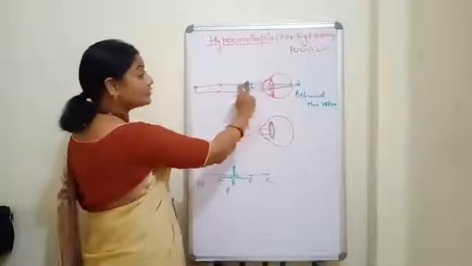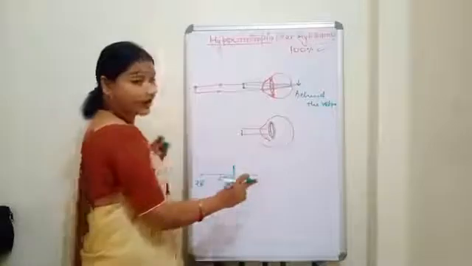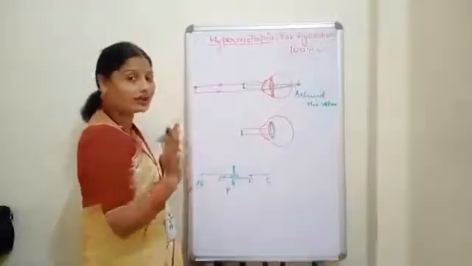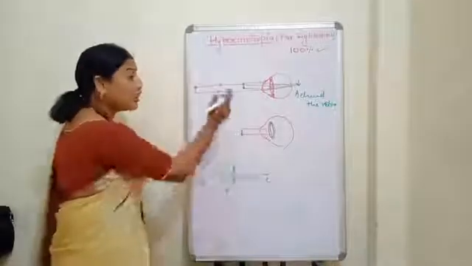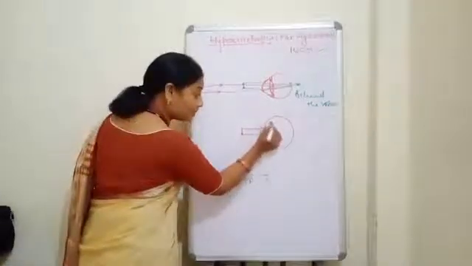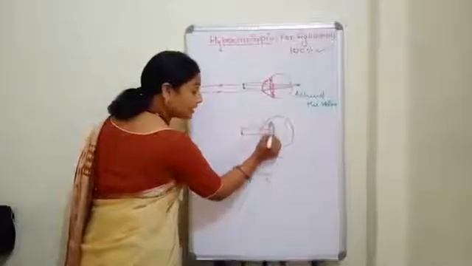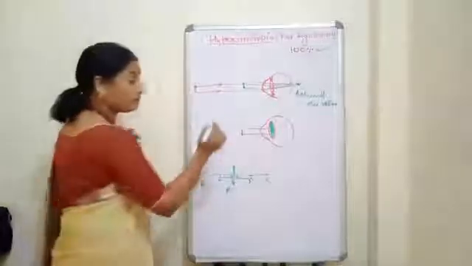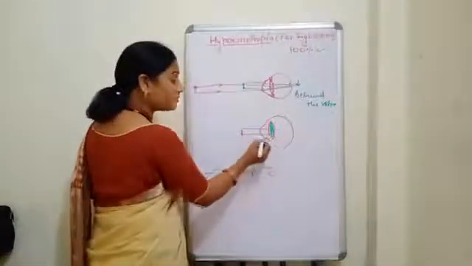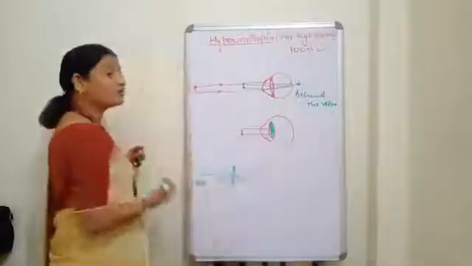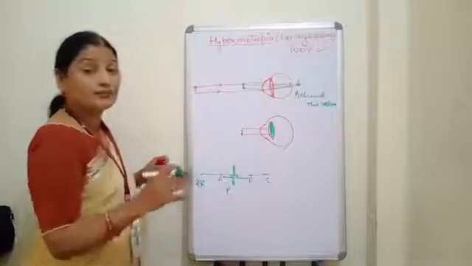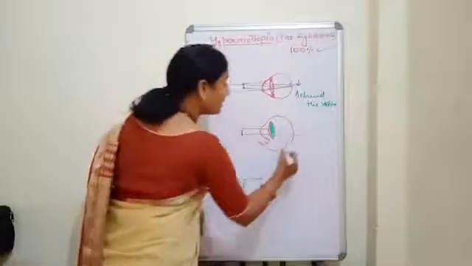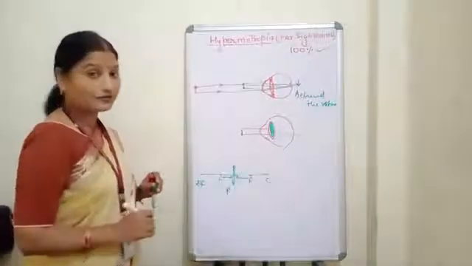Our lens is not able to converge the light on the right track, so the image forms somewhere behind the retina and we are not able to see things. How has it happened? It must have happened because our lens has become thin. Understood? So this is one reason: the lens has become thin, so it has lost or reduced power of convergence, and that's why the light meets somewhere behind.